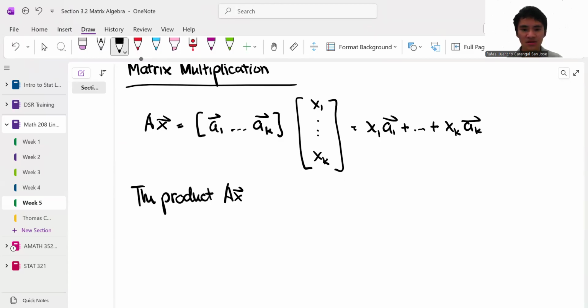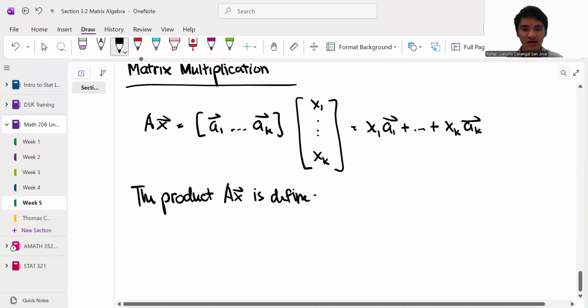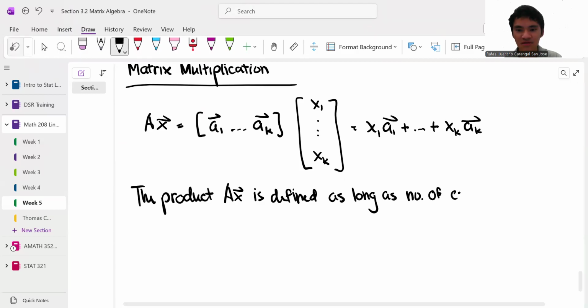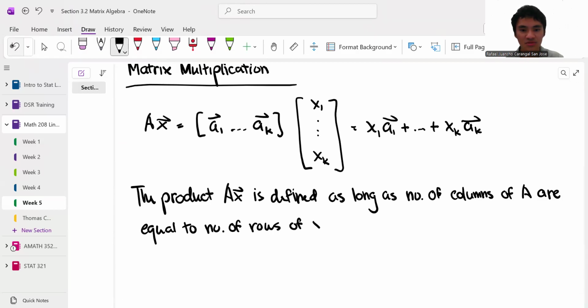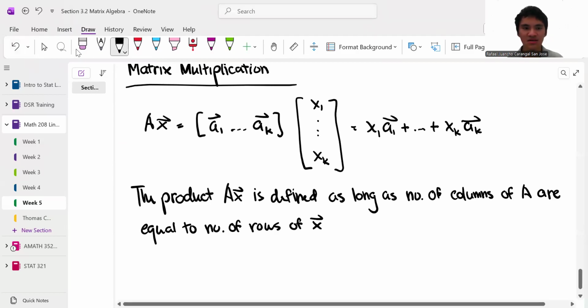The product AX is defined, or in other words, it works, as long as the number of columns of A are equal to the number of components of our vector X. Not necessarily number of rows, number of components. I think it would be a better fit to say that.